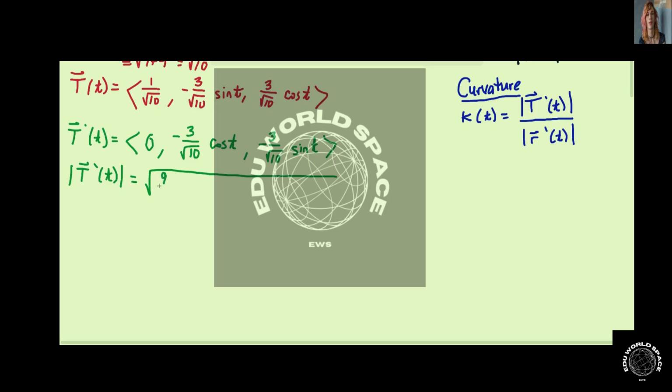If we square that, we'll get 9 over 10 cosine squared t plus 9 over 10 sine squared t. Just like before, we can factor out a 9 over 10 and use the Pythagorean identity. And that leaves us with the square root of 9 over 10 times 1, which is just 3 over root 10.